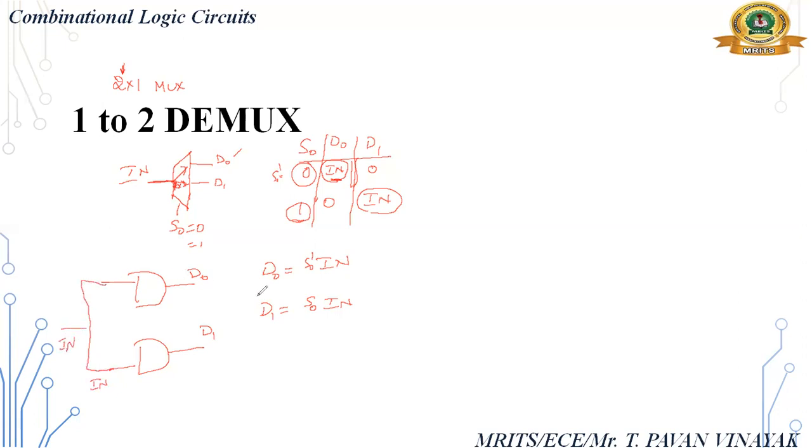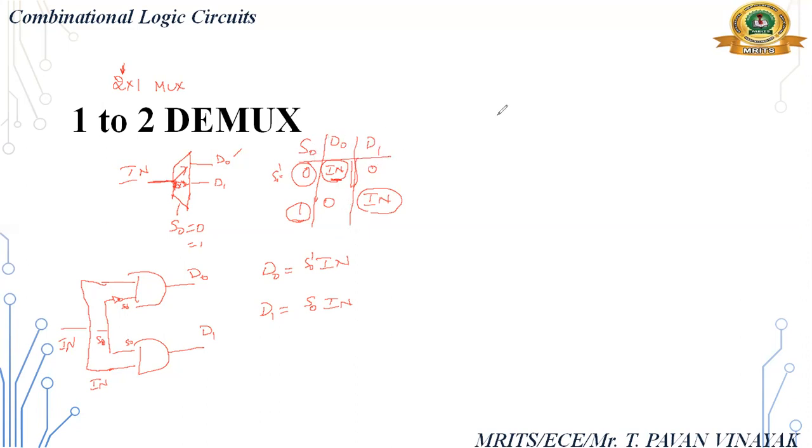Right? Next S0, S0 bar. So S0 bar, S0. This is 1 by 2 demultiplexer. Okay. This is the truth table.